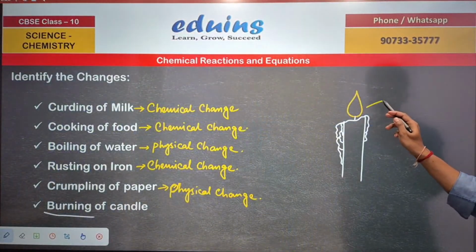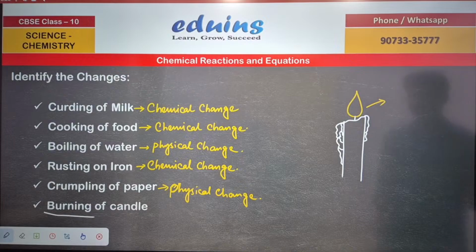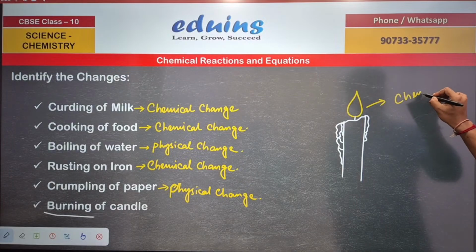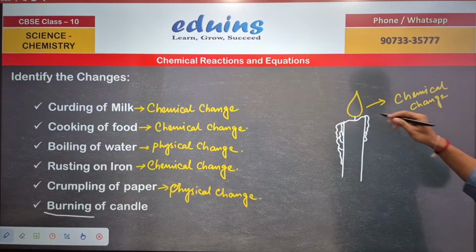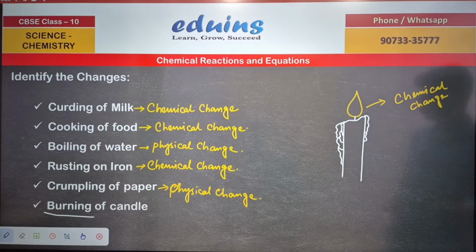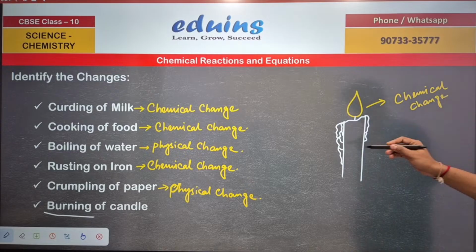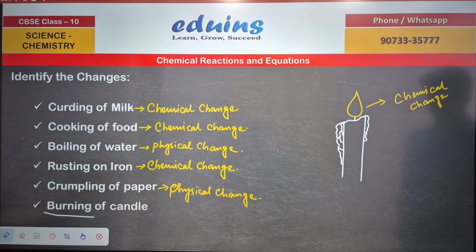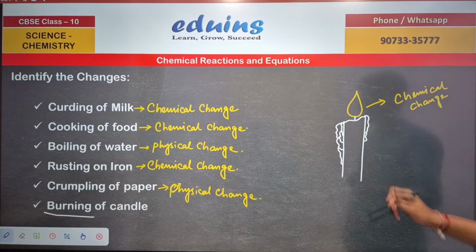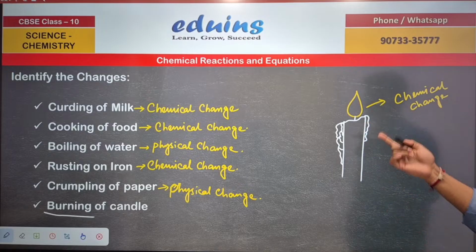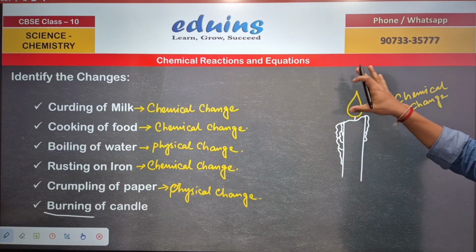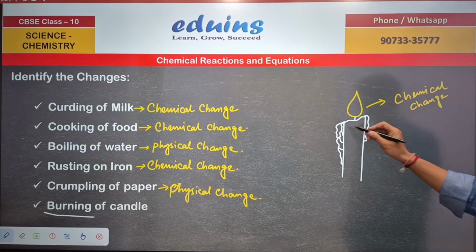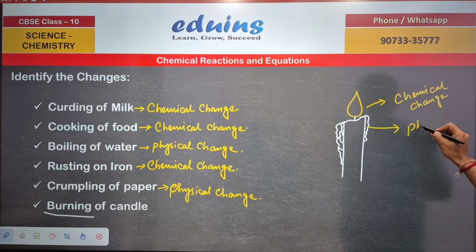First of all, the burning of the candle is actually a chemical change, because by this burning it will produce carbon dioxide. But if we look at the candle, we will observe that some part of the candle, the wax, is melted. The melted wax flows down. So this is the physical change.